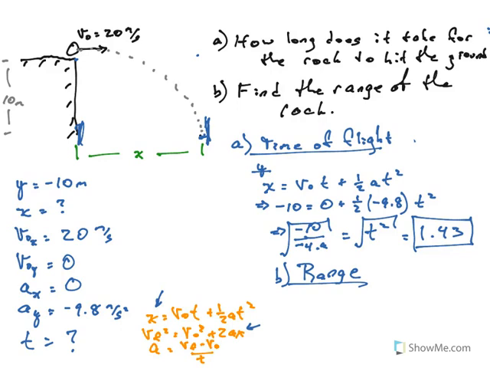What about the second equation? Can I use the second equation? Well, I'm looking for x. It does have x. Good. Do I have the x acceleration? Yep, it's 0. Do I have the x initial velocity? Yep, it's 20. Do I have the x final velocity? Well, technically, I do know the final velocity in the x direction, even though I didn't write it.